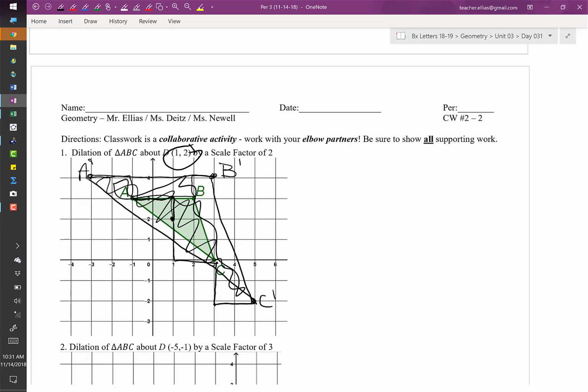You have to learn the concept. You can practice.